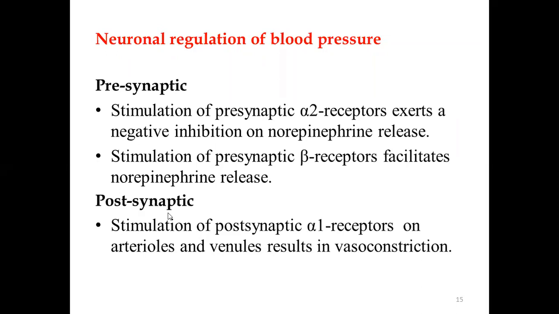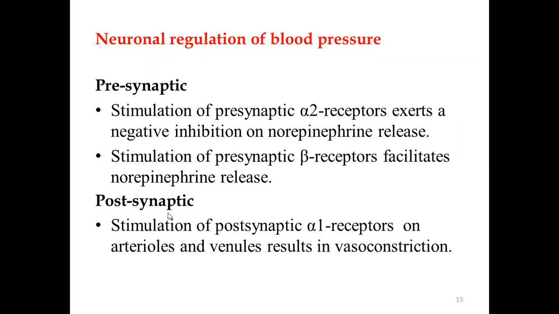Then at the postsynaptic level, the stimulation of the postsynaptic alpha 1 receptor. Remember, when the alpha 1 receptor is activated, it has a significant vasoconstrictor effect. So when the blood vessels are significantly constricted, it can increase total peripheral resistance.